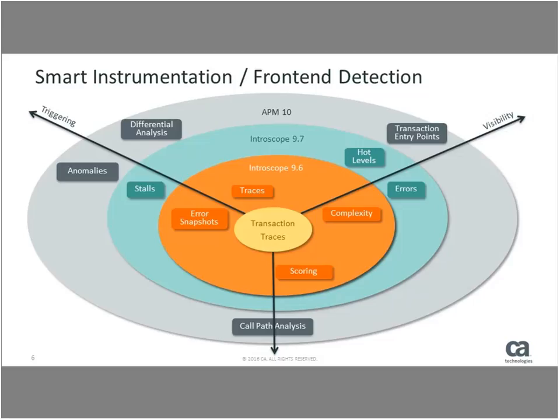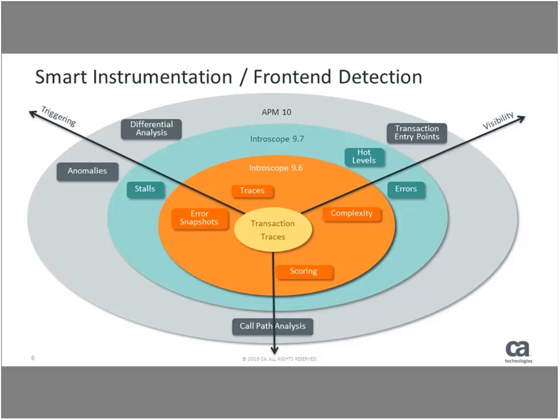Now with 9.6, we extended this whole information to get deeper visibility in transaction traces. And for this, I'd like to point out these three axes: the visibility, then transaction triggering, and call path analysis.